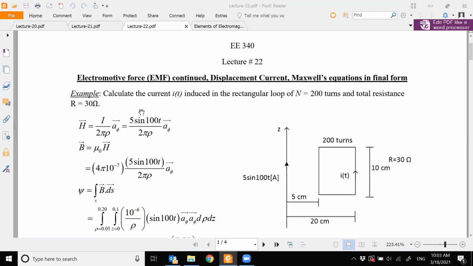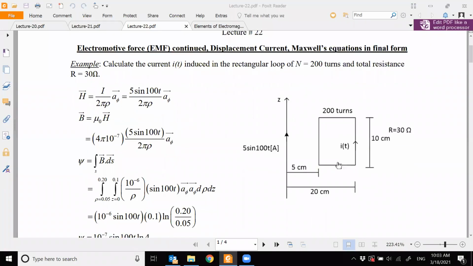We need to calculate the current induced in the rectangular loop of 200 turns, and the total resistance of the rectangular loop is given as 300 ohms. So this is my rectangular loop, and I need to find the current induced in it. This is my problem statement.